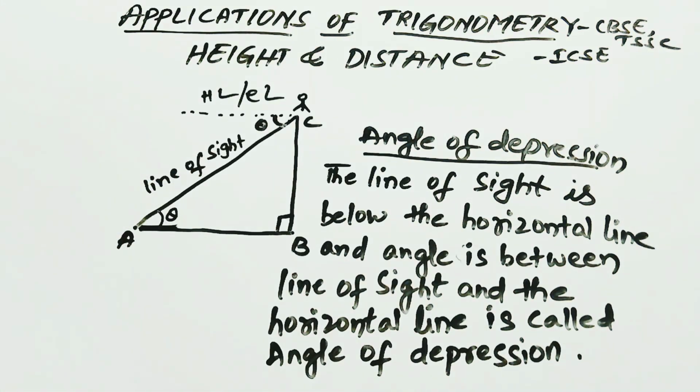If the observer is seeing up, it is the angle of elevation. If a person is seeing down, it is called the angle of depression. Two concepts you have to remember perfectly for solving height and distance problems or application of trigonometry. If you have any doubt, write your doubt in the comment box.